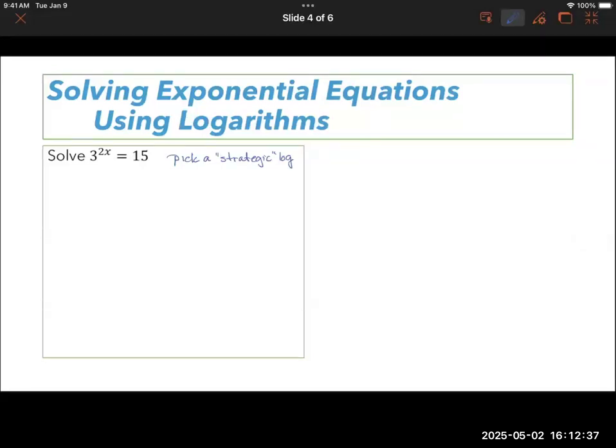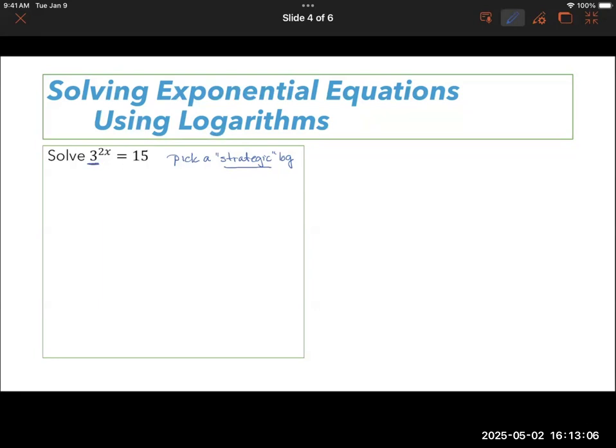And what that means is going to depend a little bit on what you have available to you for your calculator. Okay, so if you have a calculator that allows you to choose the base of your log, then a strategic log is going to be a log that matches the base of your exponent.